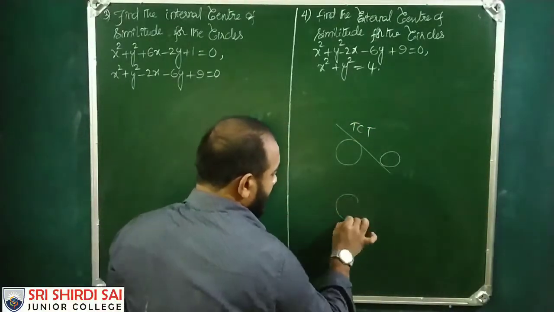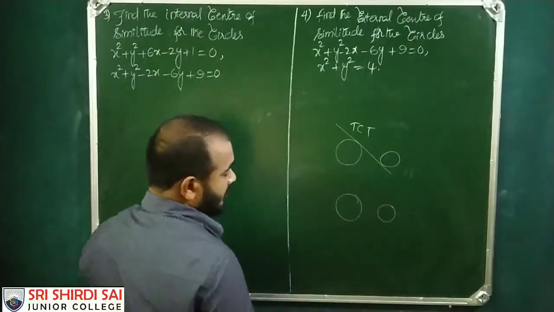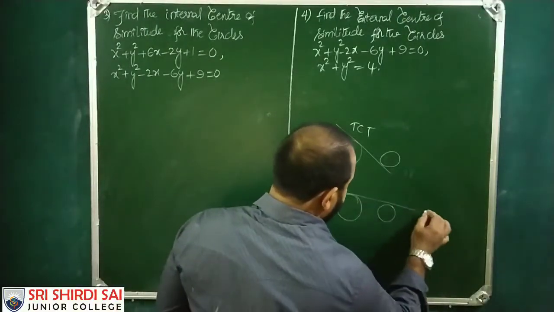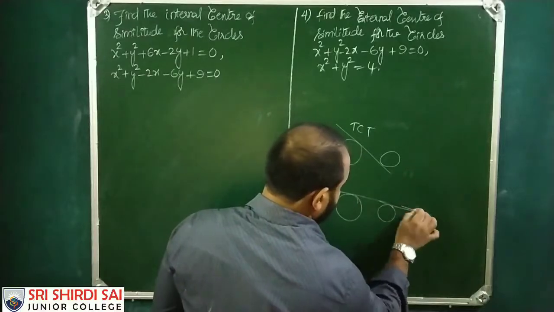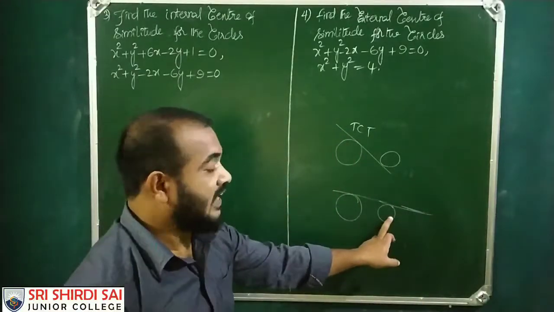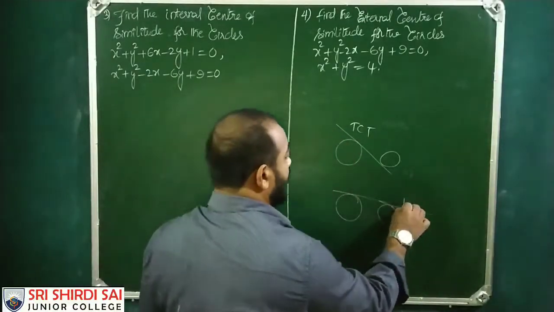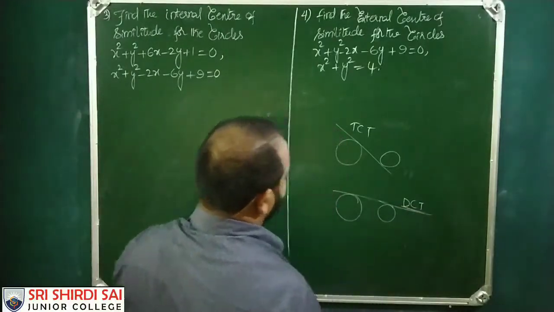And two circles are like this. This is one line. So the two circles lie on the same side, then this line is called a direct common tangent.